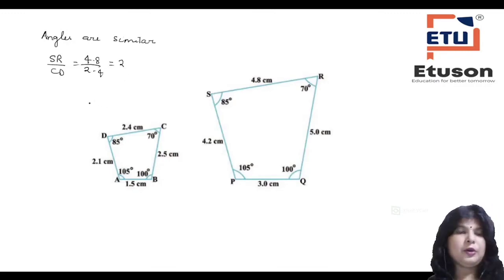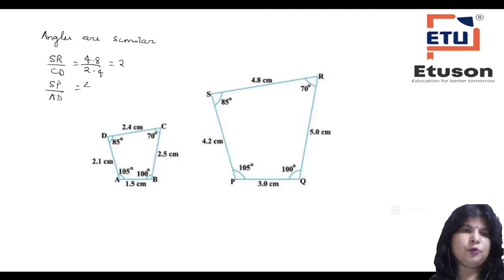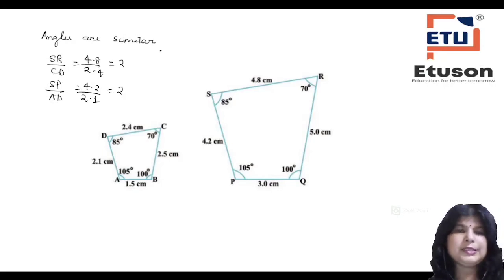Correct? Now what is SP divided by AD? That is 4.2 divided by 2.1, that is again 2, right? Similarly, what is PQ divided by AB? That is 3 divided by 1.5, equal to 2.